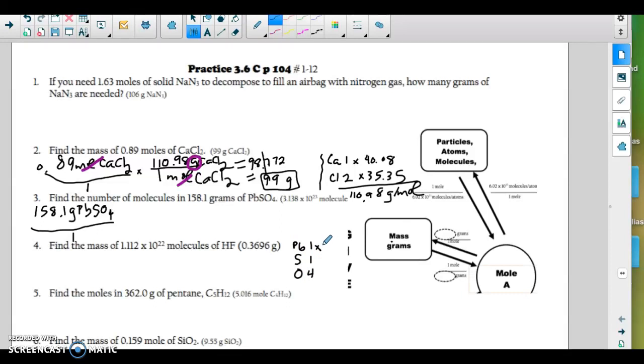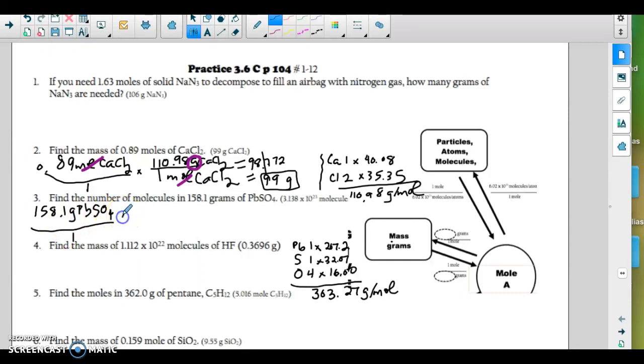Molar mass of lead is a big one, 207.2. Sulfur is 32.07. Oxygen is 16. So multiply those and then add, and you should get 303.27 grams per mole. So I'm going to use that right here.